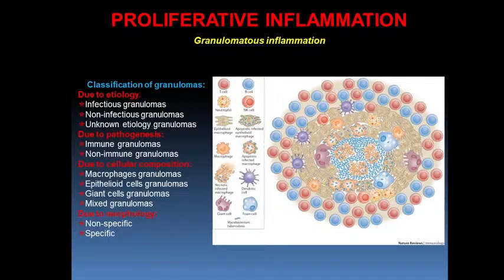Due to pathogenesis, granulomas can be divided into immune and non-immune type. Immune granulomas are often represented by delayed type hypersensitivity reactions. These are predominantly infectious granulomas, sometimes they can be seen around dust particles. Granulomas in infectious diseases reflect the relative resistance of the organism against the pathogen, which is named non-sterile immunity.